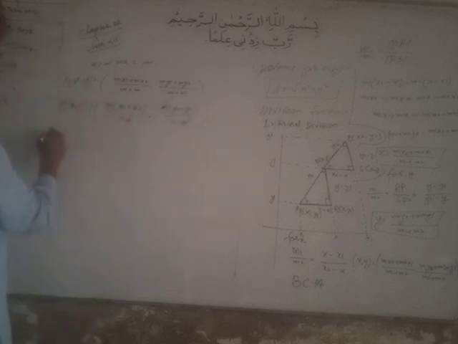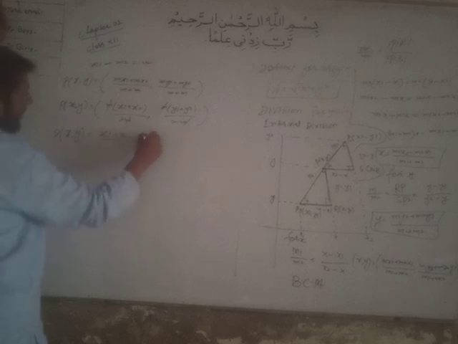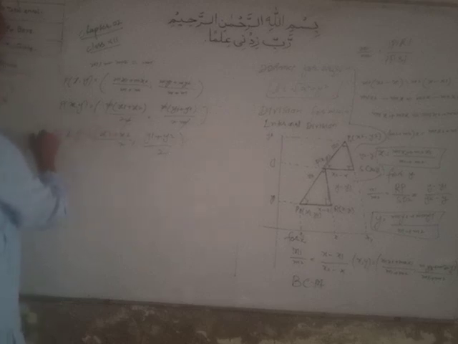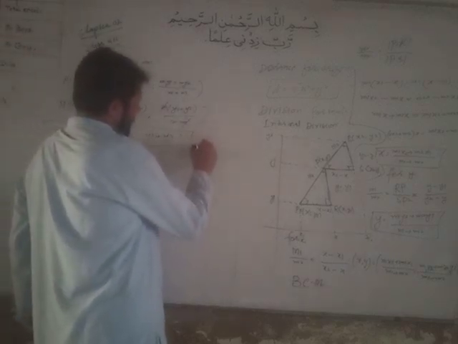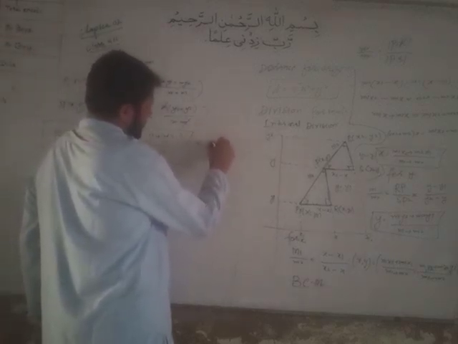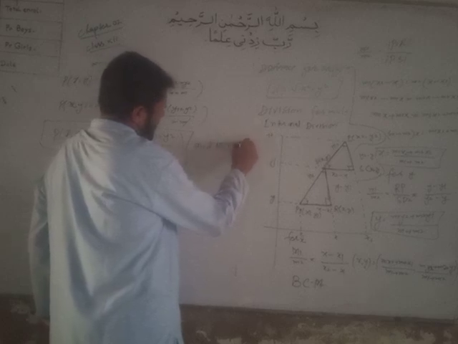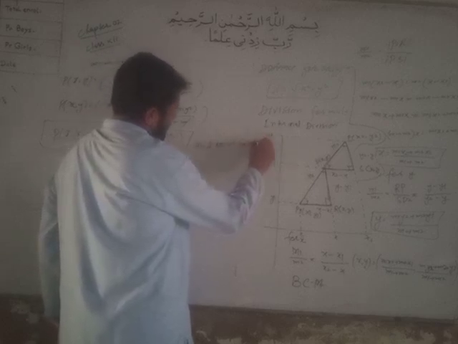So this will be P x comma y is equal to x1 plus x2 upon 2, and y1 plus y2 upon 2. So this is called the midpoint formula. Okay, this is the midpoint formula.